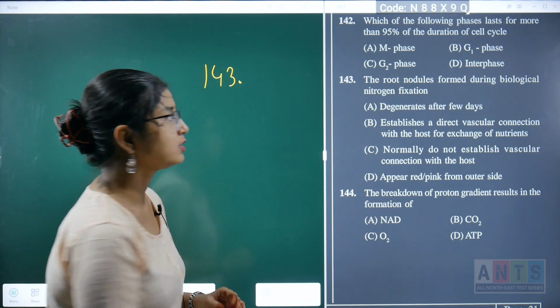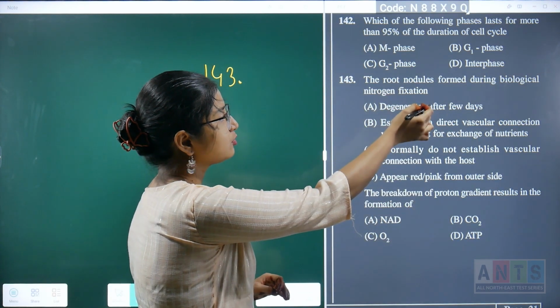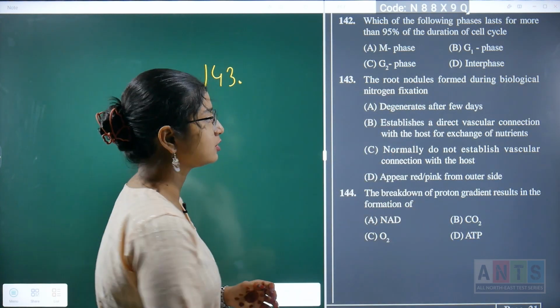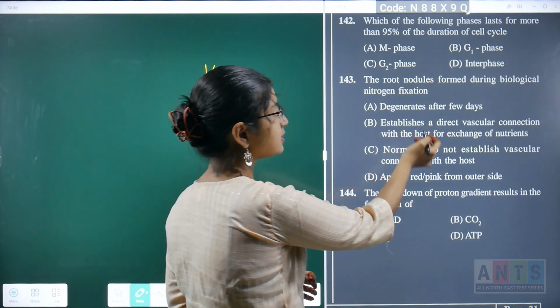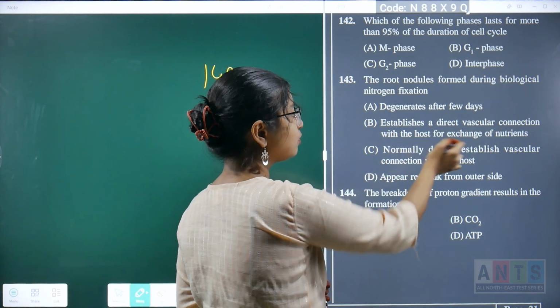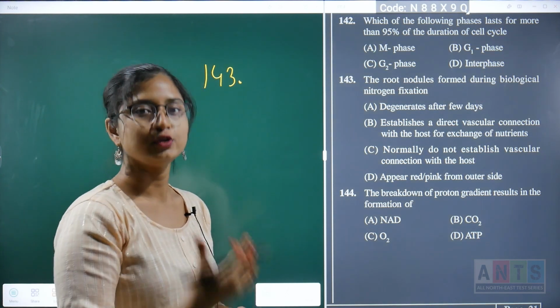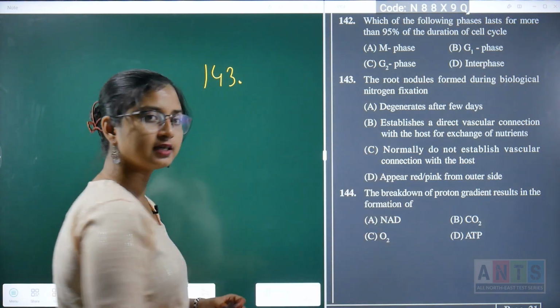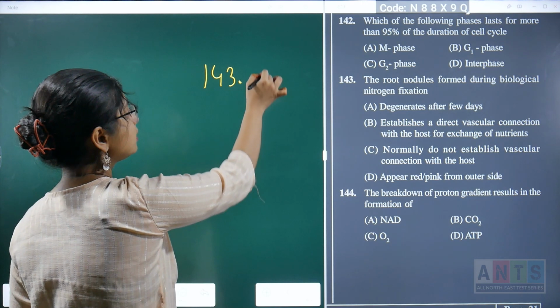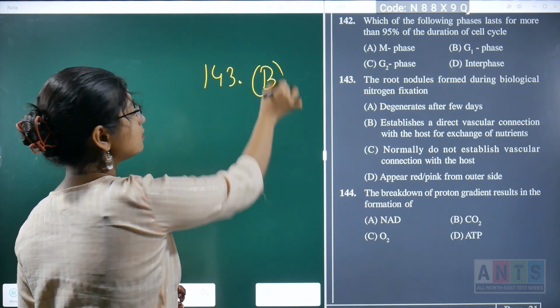So if you keep this point in mind that root nodules formed during biological nitrogen fixation, it establishes a direct vascular connection with the host for exchange of nutrients. So statement B is correct here. So question number 143, the correct answer is option B.